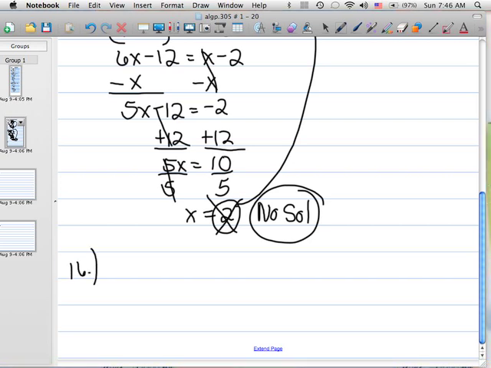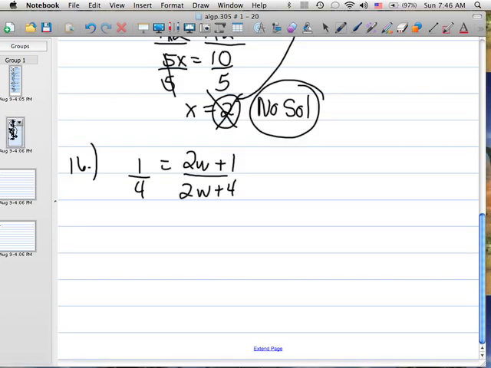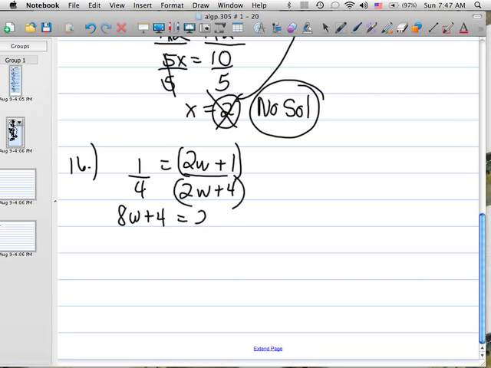Problem number 16, we have 1/4 equals 2w plus 1 over 2w plus 4. Again, we have a proportion, so we can use cross products. 4 times 2w plus 1 is 8w plus 4, and 1 times 2w plus 4 is 2w plus 4. Getting the variable on one side, keeping things positive, I'm going to subtract 2w.